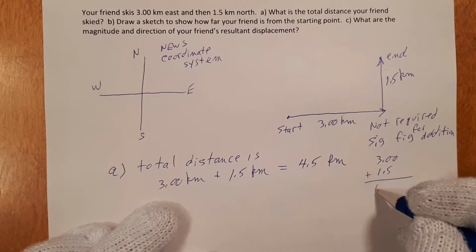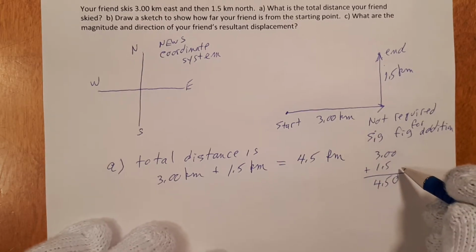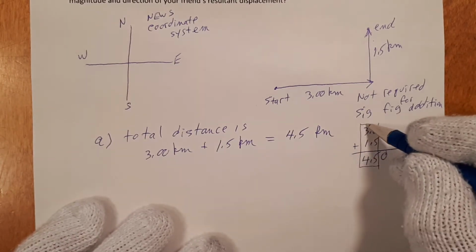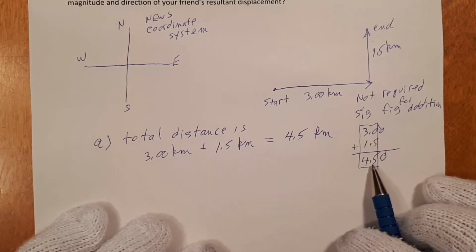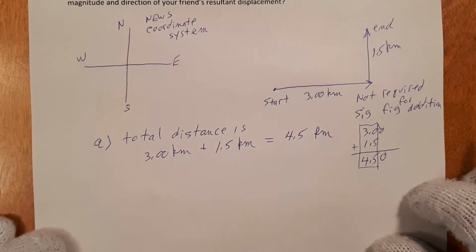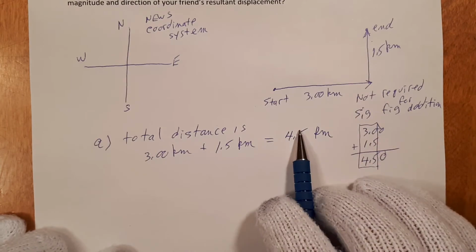Add these up and we have 4.5. In order to do significant figures then, and this is a separate course, we would look here. And again, this is for a different course, and the answer would be 4.5 kilometers. That is the distance traveled going across.